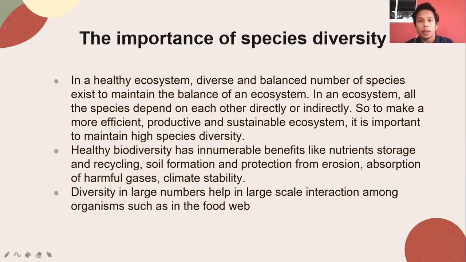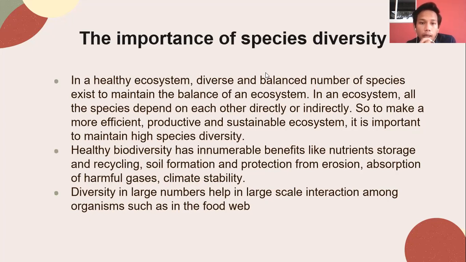So the importance of species diversity is that in a healthy ecosystem, a diverse and balanced number of species exist to maintain the balance of the ecosystem. In an ecosystem, all the species depend on each other directly or indirectly. So to make a more efficient, productive and sustainable ecosystem, it is important to maintain high species diversity.